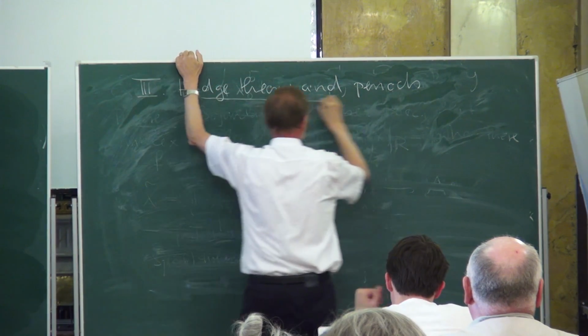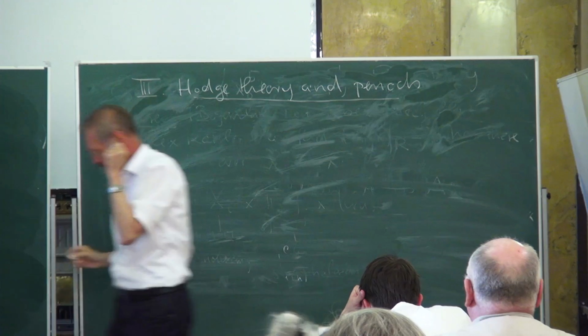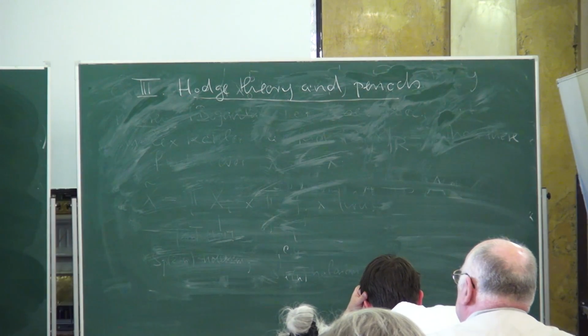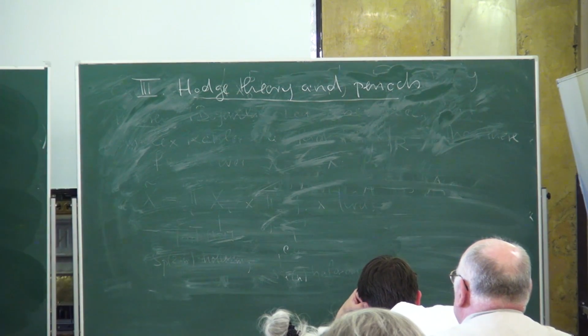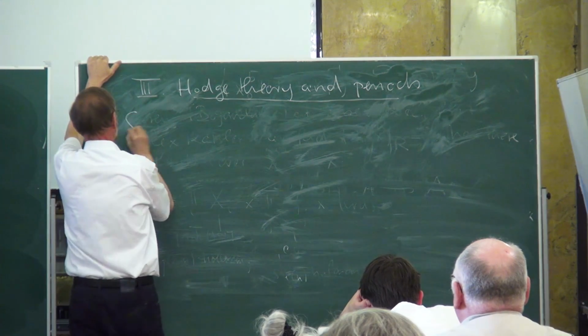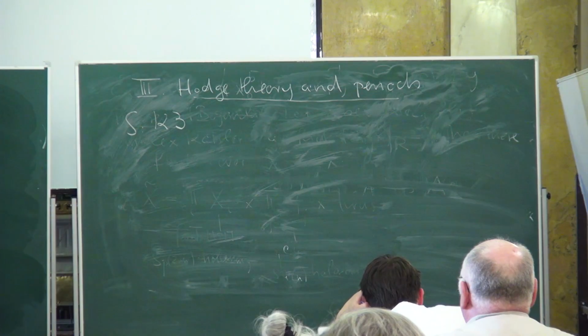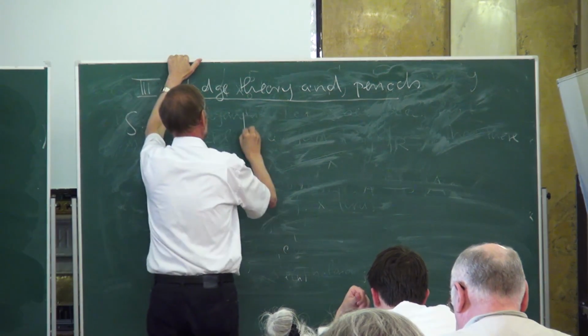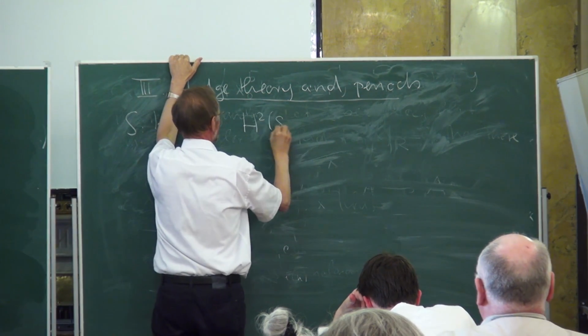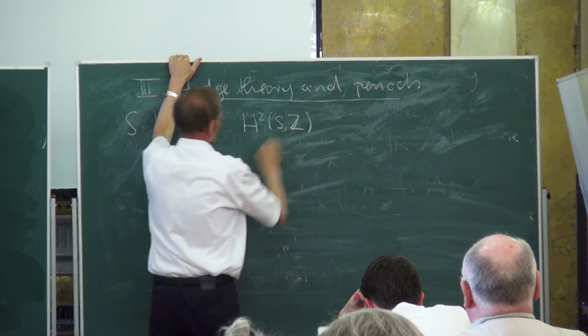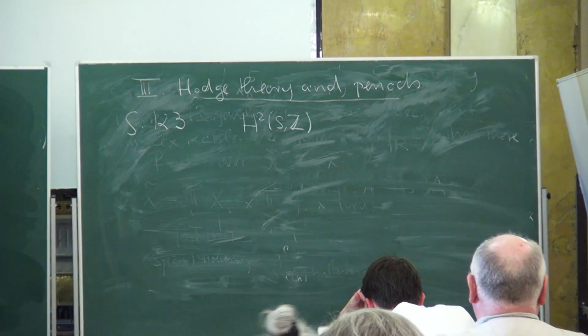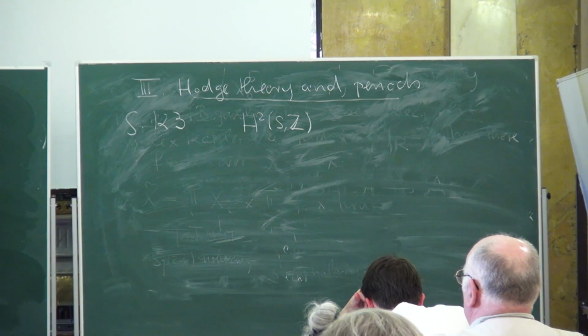So there are two things here which come together and which are very important. So let me get back to S being a K3 surface. And then I can look at H2 of S, Z. And then you can do intersection theory, or you can do cup product.